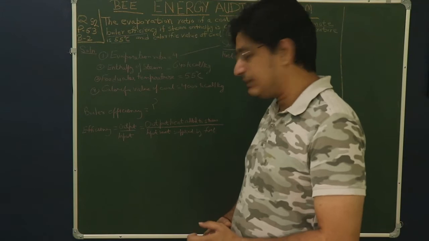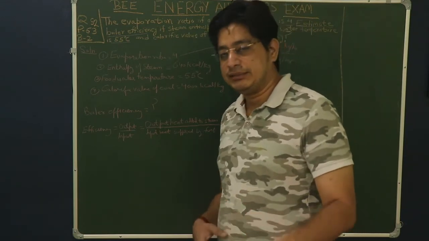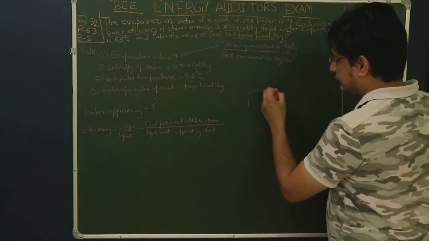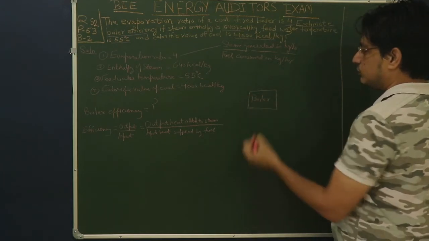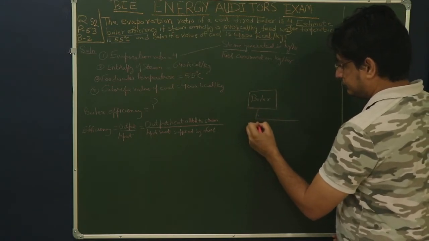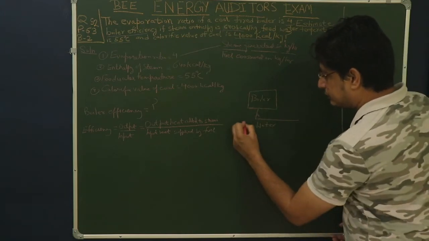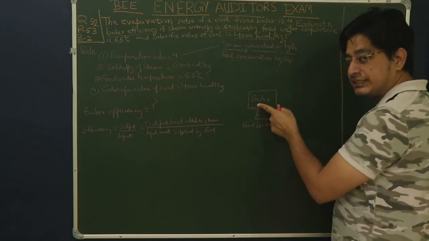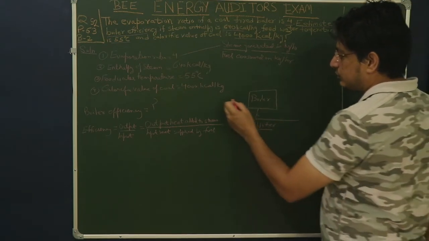Now I would like to explain a bit about the boiler so that if you do not have an idea regarding the boiler, you may get the concept easily. Boiler is an equipment. Suppose this is a boiler. Water enters the boiler, which is called feed water, because this water is being used as a feed to the boiler.